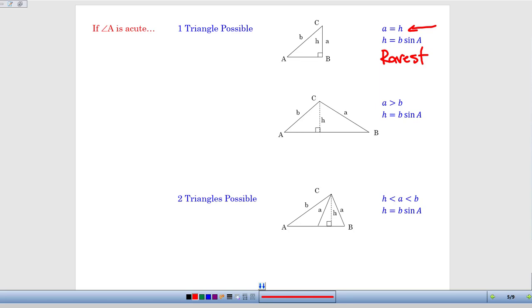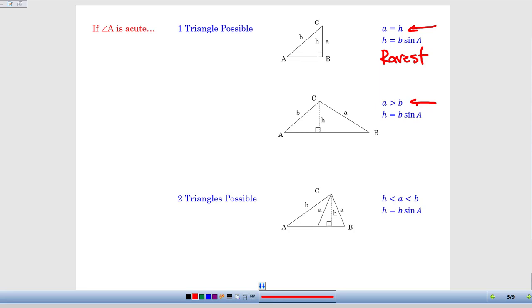Once we've identified how many triangles are possible, we just start using our regular law of sines to solve for those missing sides and missing angles. The other scenario that leads to one possible triangle, if angle A again is acute, is when length A that's given to us is longer than length B. If length A is longer than length B, then that's a guarantee that it's going to be long enough to reach the bottom of the triangle, and so there will only be one possible triangle.